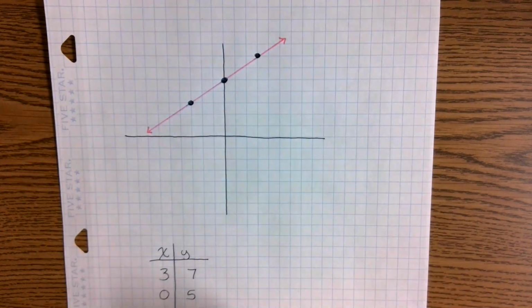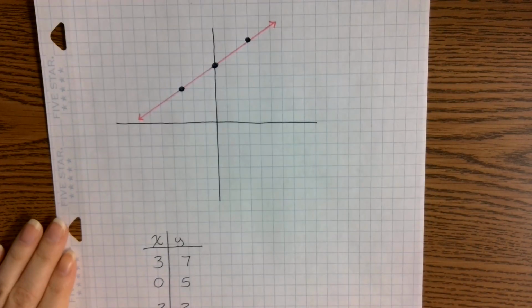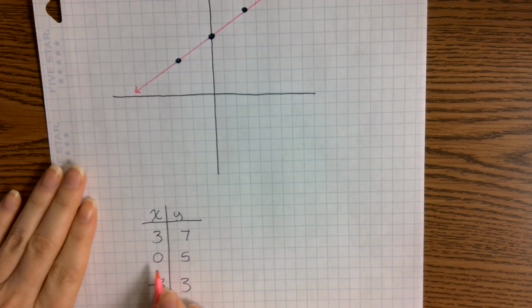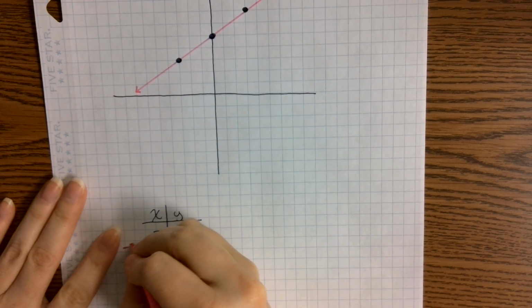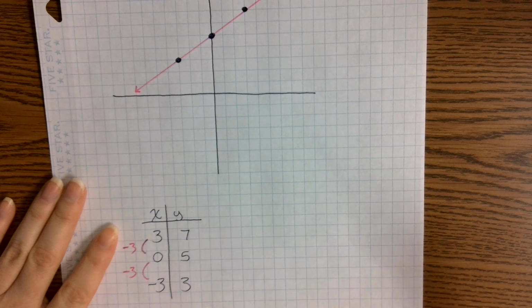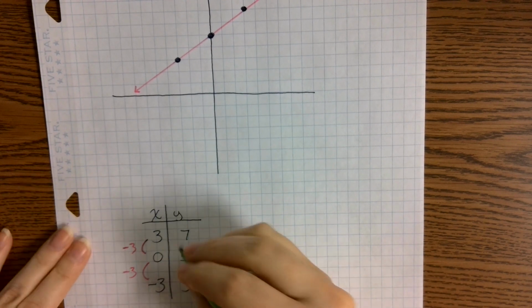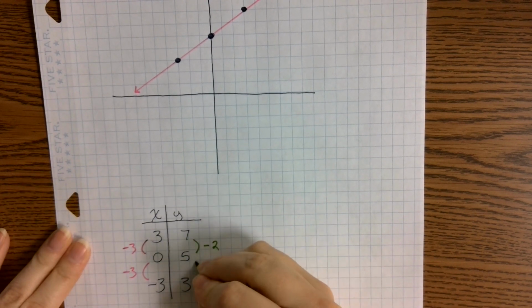Now, I made the table this way because I wanted you guys to see that when we do our change, our x happens to be decreasing by 3, doesn't it? But so does our y. Our y happens to be decreasing by 2.